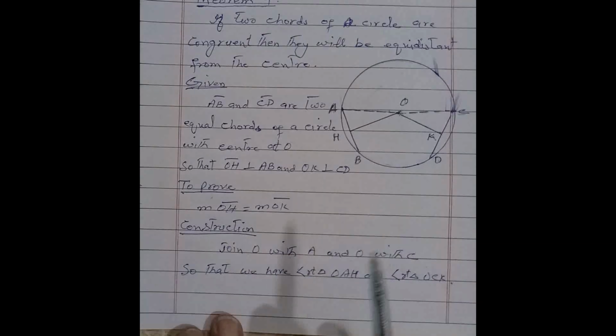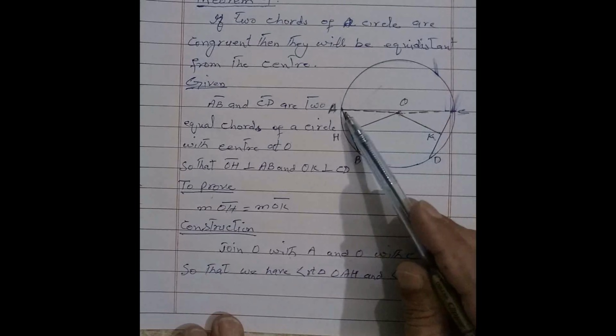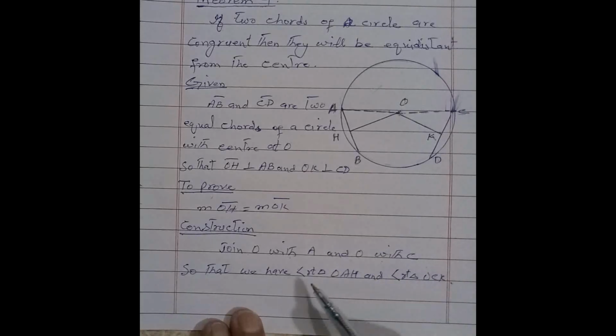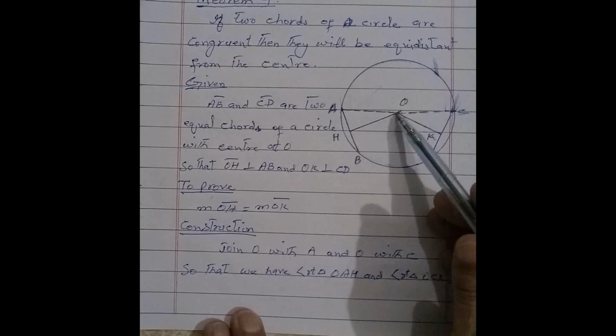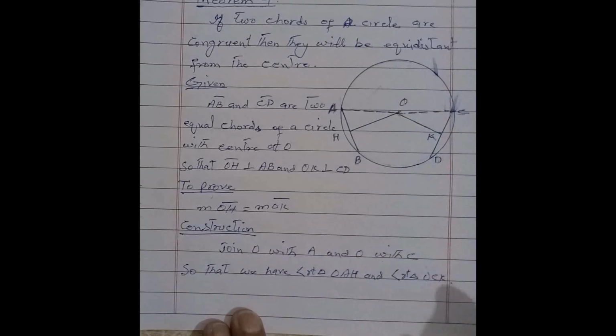In construction, join O with A, join O with C, so that we have two right triangles, OAH and OCK.